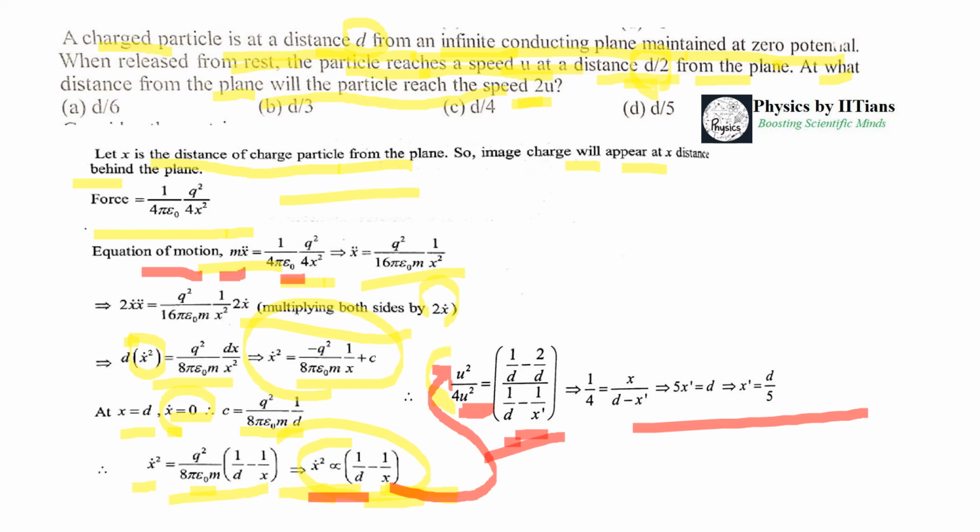So you equate these two forces, you find the relation, that is x dot in terms of x and d, that is you get x dot square is proportional to 1 by d minus 1 by x. Now you know the value of x dot square, that is u, whenever the distance x becomes d by 2, and you have to find the value of x when x dot becomes 2u. So you have to take the ratio and you will get the final answer.